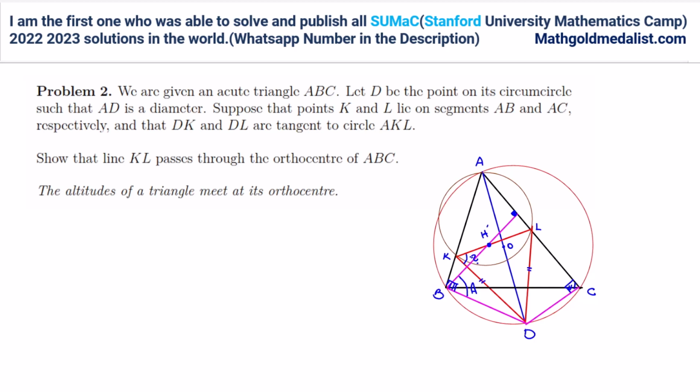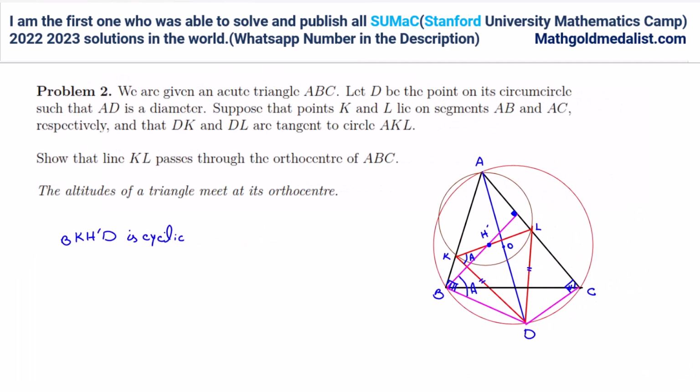It's the same as A. Yes, because it is tangent, right? Right. So now, can you tell me what quadrilateral is cyclic? BKH prime D. Exactly. You can use this to prove H prime is H. Want more hint, or is that enough? I think that's enough. I'll keep trying. Okay, sure.